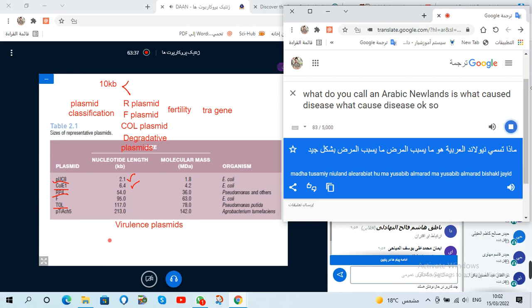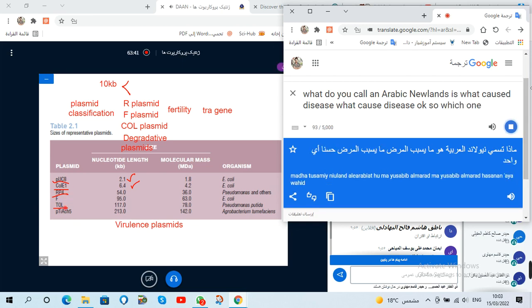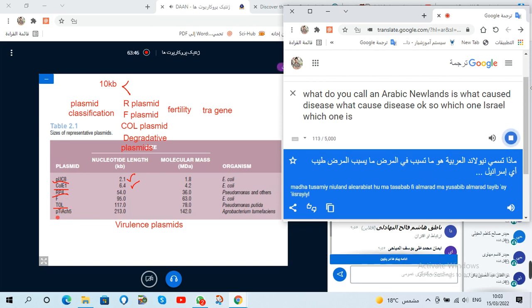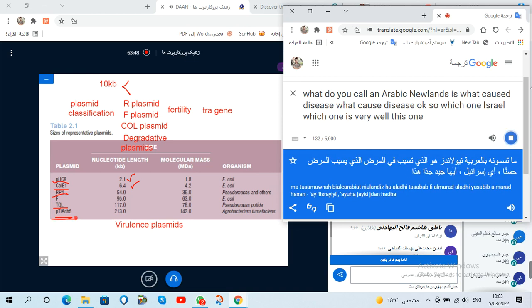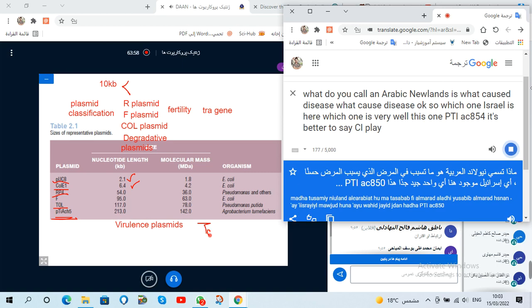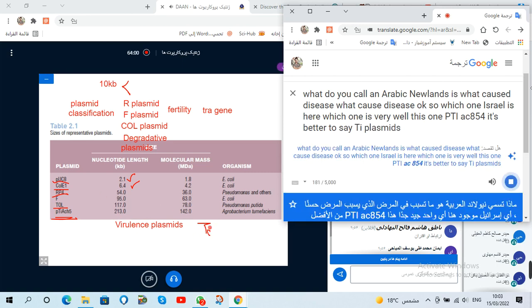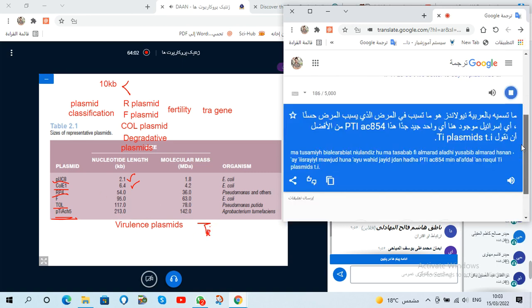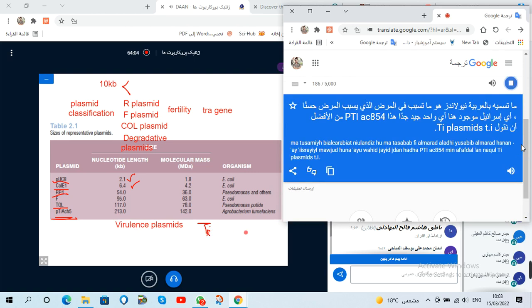So, which one is virulence here? This one. pTiACH5, or it's better to say Ti plasmids.